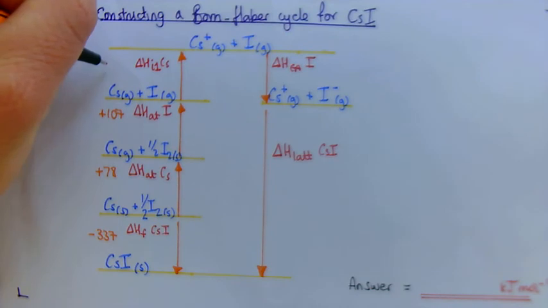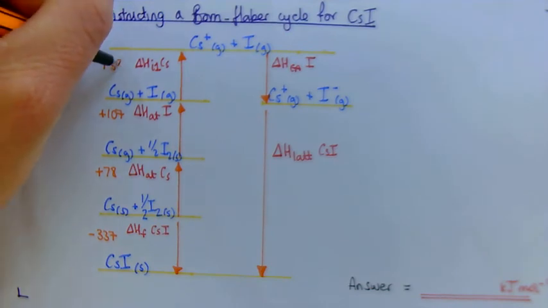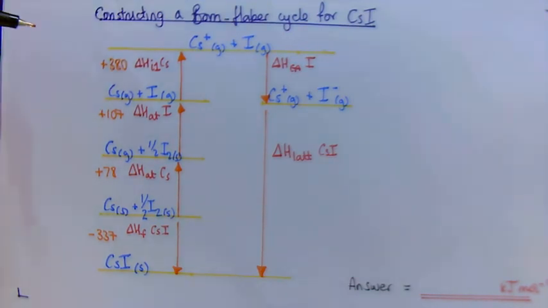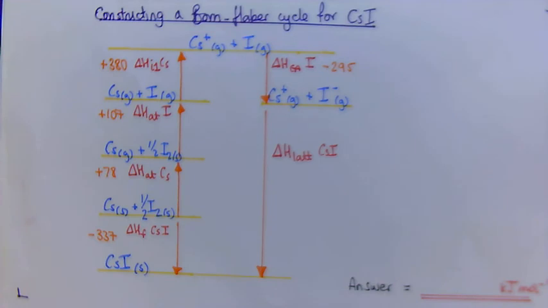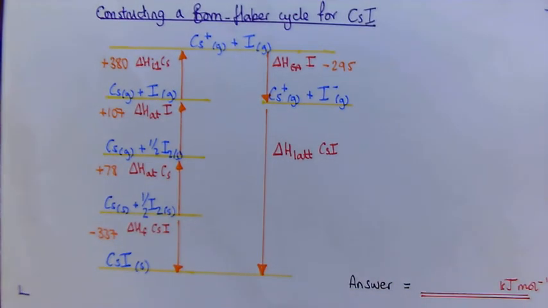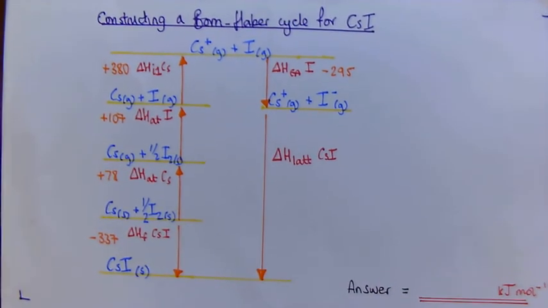The ionization of cesium is plus 380. And the electron affinity is minus 295. So we've just got some values annotated on that table.